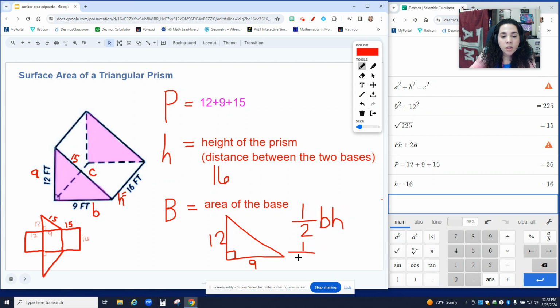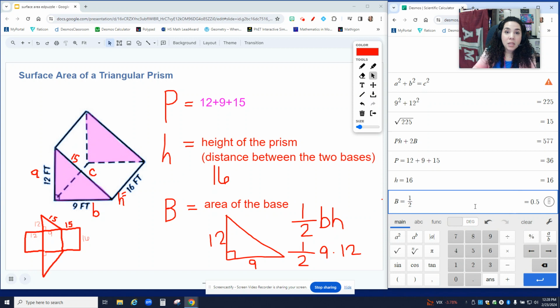So if our base on the triangle is 9 and the height is 12, those are the numbers that we're using to find the area of the base. So we can say capital B is equal to 1/2 times the base of the triangle, that side length of 9, times the height of the triangle, which is that leg of 12. So that's how we're getting 54 here.